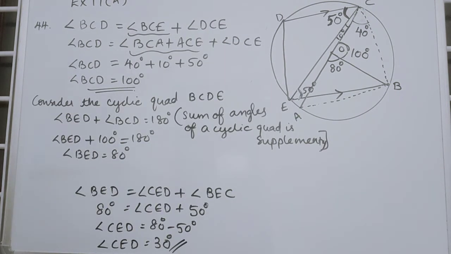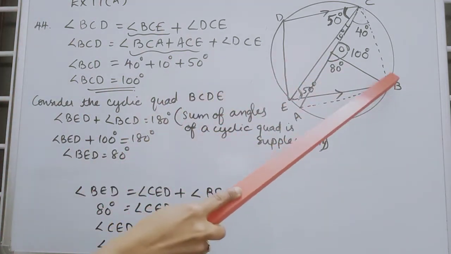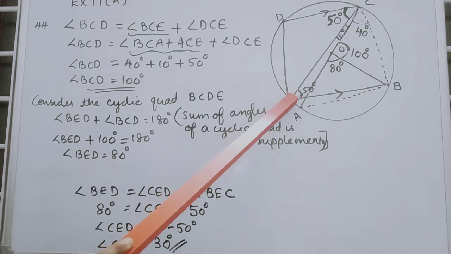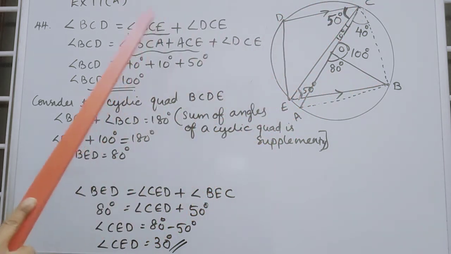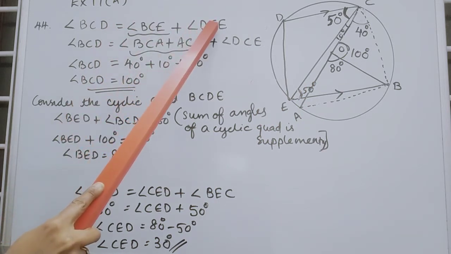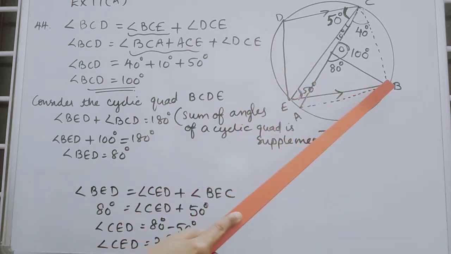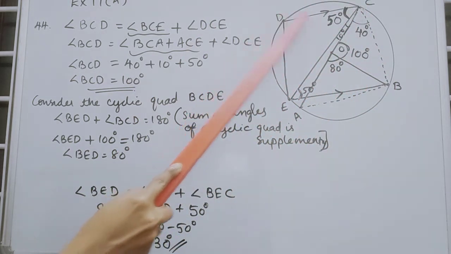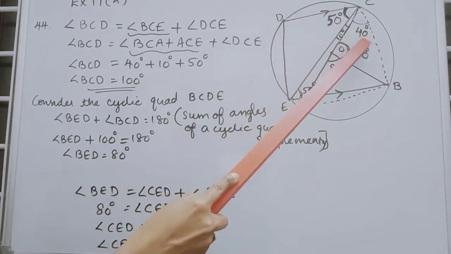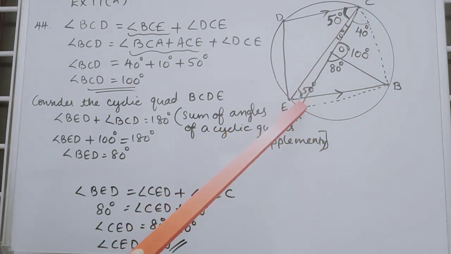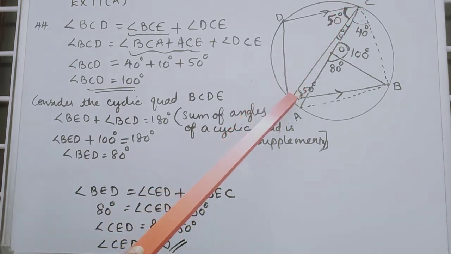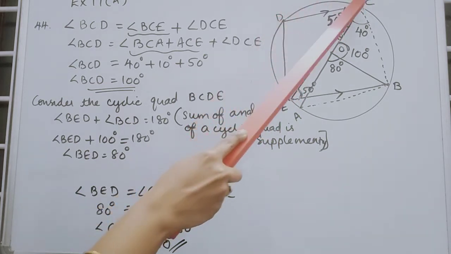BCD will be the sum of BCE plus DCE. Or instead of this step, we can directly write BCD as the sum of these three angles: BCA plus ACE plus DCE.